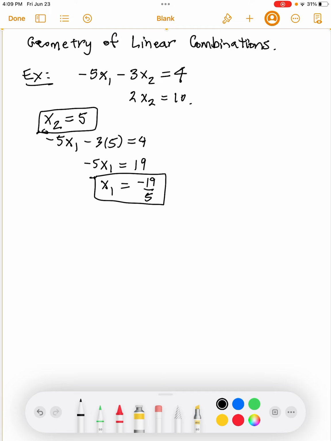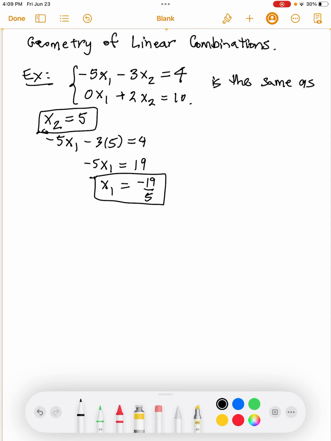So let's review. How can I write this system of equations as a single equation involving vectors? Okay, let's go over the answer. So I hope you know that this is the same as writing it as, so this is 0x1 plus 2x2 is 10.